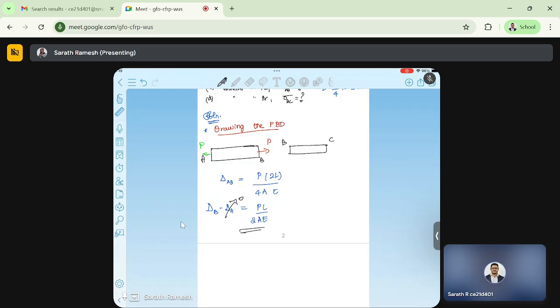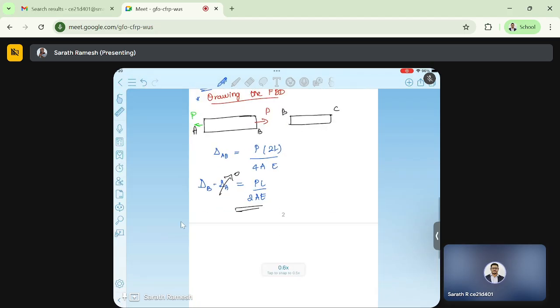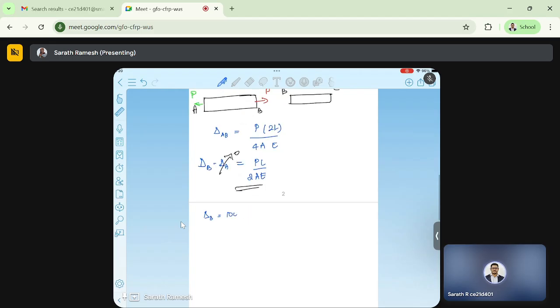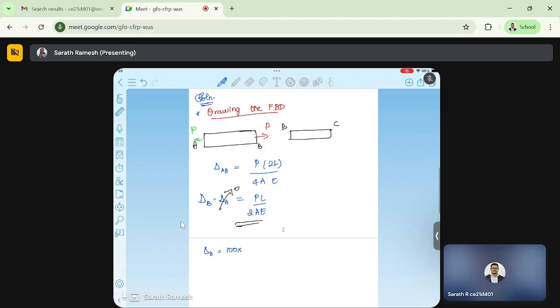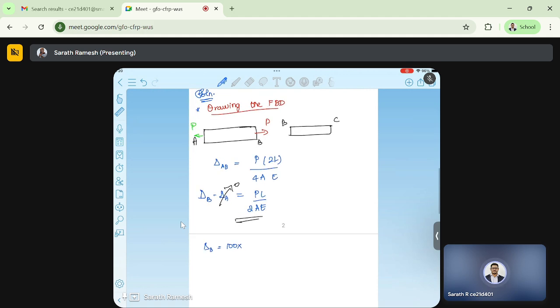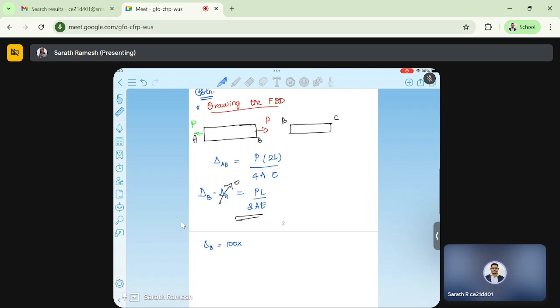Okay. I can now substitute the values to get the final answer. So delta B is equal to, what is P given? P is 100 kilonewton. And for units, we are going to do everything in Newton and mm, so that force will be in Newton and length in mm, which is consistent.